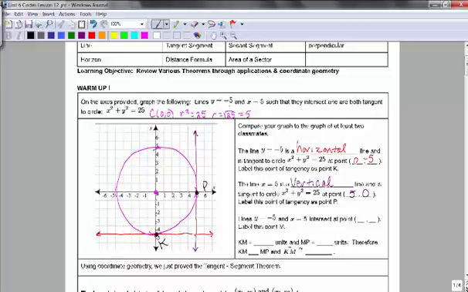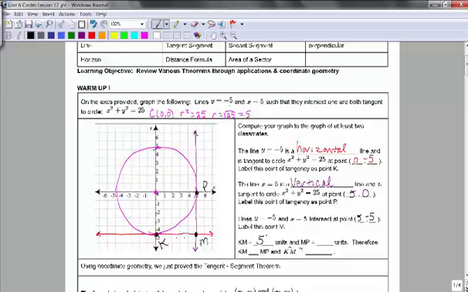Lines y equals -5 and x equals +5 intersect at one point. They intersect at 5, -5. We'll label this point M. And now we need to determine the length of segment KM. Well, it's a horizontal segment, so I can just count 1, 2, 3, 4, 5.